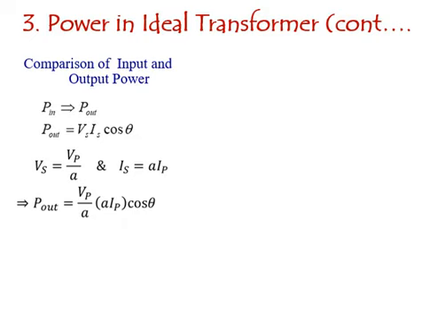So from those equations, if you can recall, we can find the value of Vs is equal to Vp over A and Is is equal to Ip times A. If we put the value of Vs and Is in the second equation, we will find this equation where this A can be cancelled by this A in the numerator, and the resulting equation would be Vp Ip cos theta, which is also equal to input power.